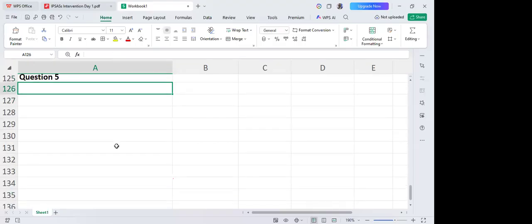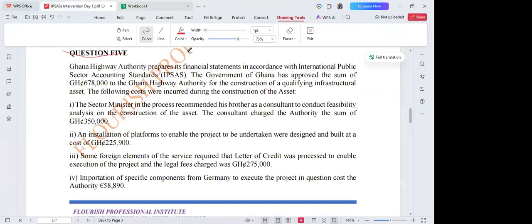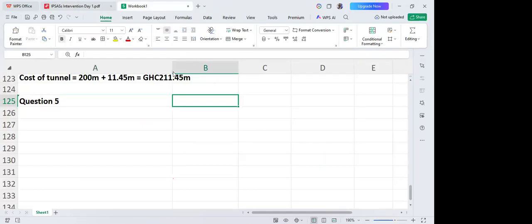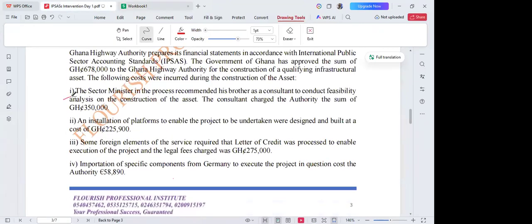We are looking at the cost over here. So we need to bring the items, bring Ghana Highway Authority on top here. Then we'll check the items one by one, and then we'll check whether we are supposed to bring it. So we'll start with I.